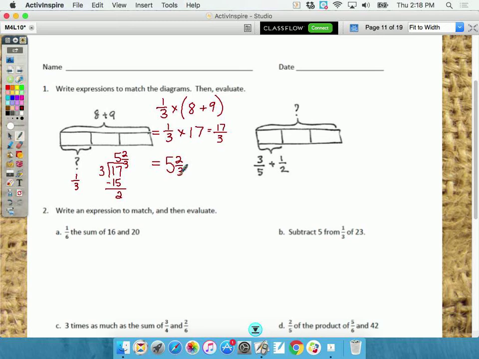So how about I pull a stick and you give it a try? All right, Aiden, I'll let you try this. Then I'll start pulling sticks. Okay, so what would you write for this expression? In parentheses, put 3/5 plus 1/2. And then multiply it by 3. Very good.